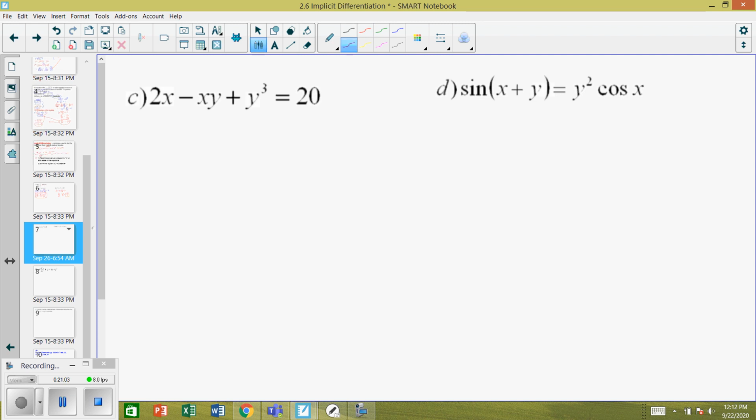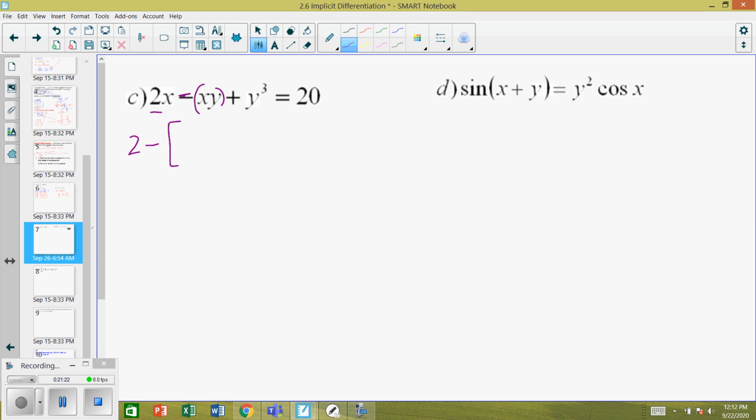Okay, the derivative of 2x is 2 minus. Now, we got x times y. That is product rule. We have one variable times another variable. So how we take that product rule is we're going to do the derivative, and I'm going to do all this in brackets because we got this minus right here.